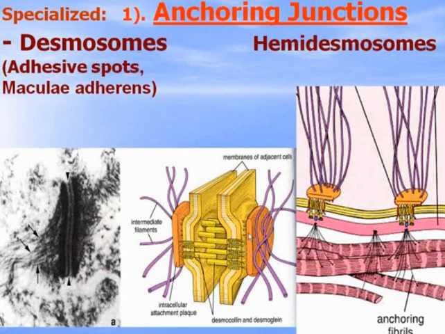It connects two cells strongly. This is an electron microphotograph of a desmosome. Hemidesmosome is like half of a desmosome inside one cell. It is a type of connection of the cell with the basal membrane or intercellular matrix.